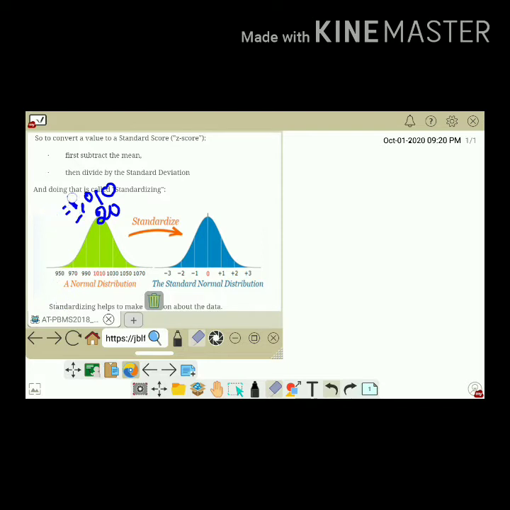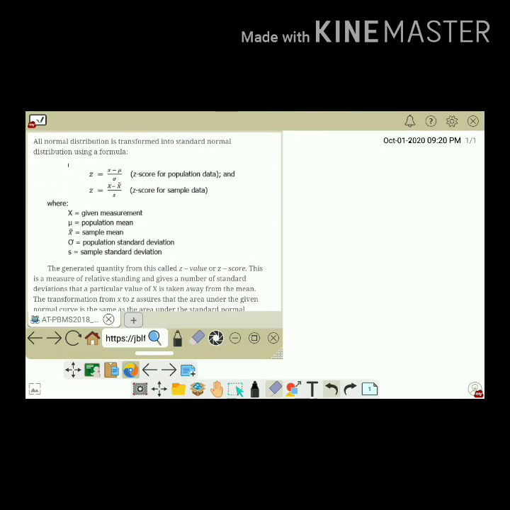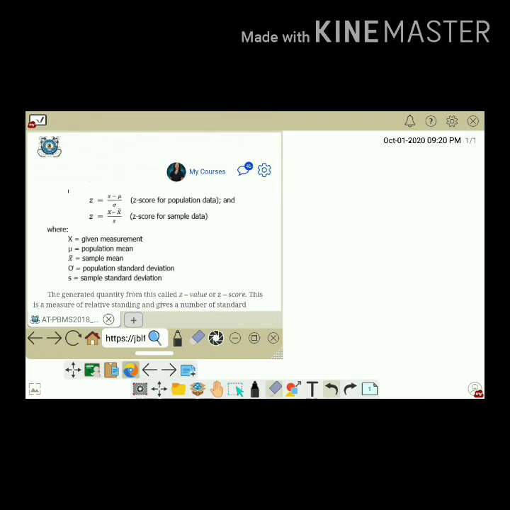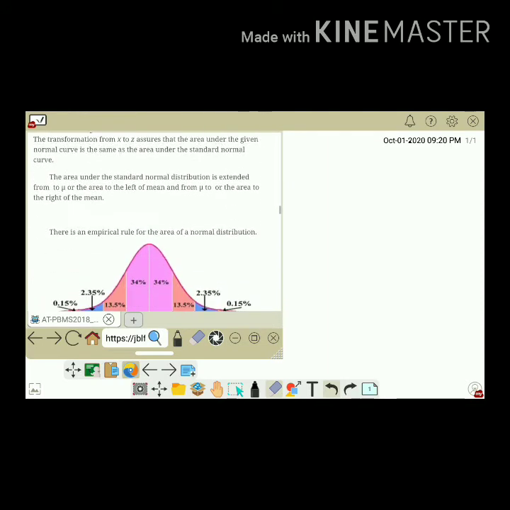And the values represented on your standard normal curve by negative symbols are the values that fall below, or the values that are lower than the mean. Okay, so let's continue. We are going to deal with this formula later. I hope you already have an idea about this, but if not, I'm still going to explain that one.